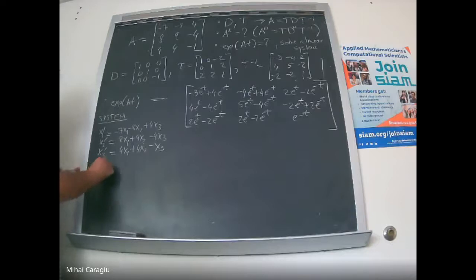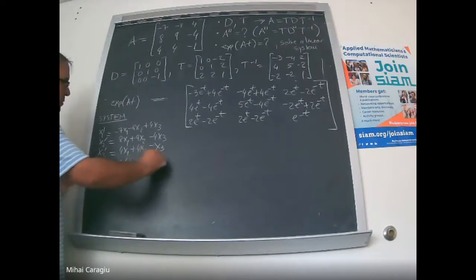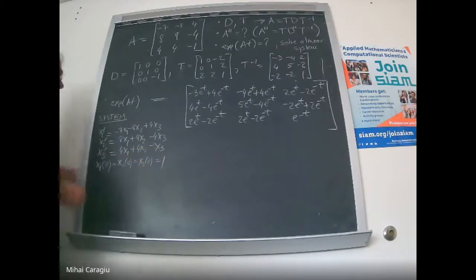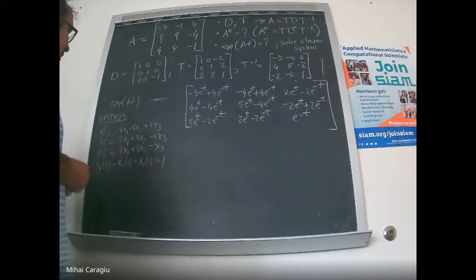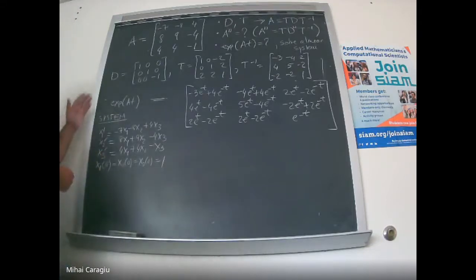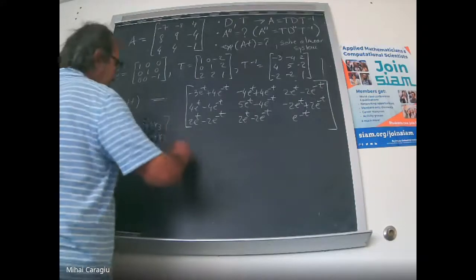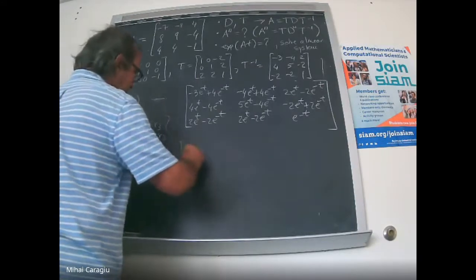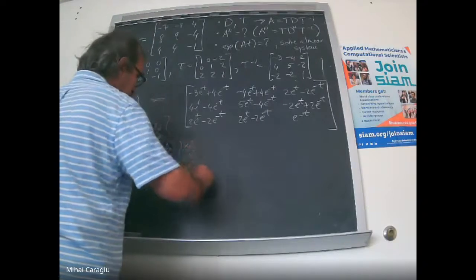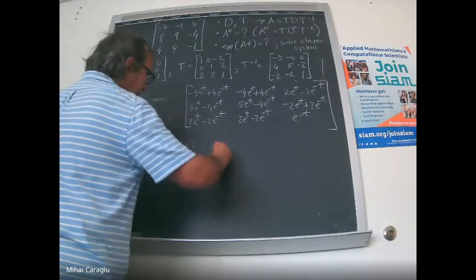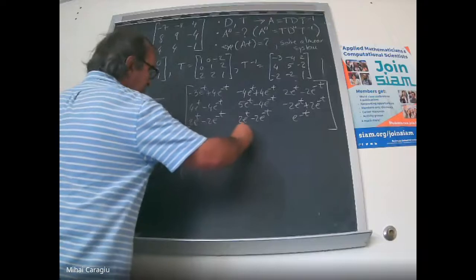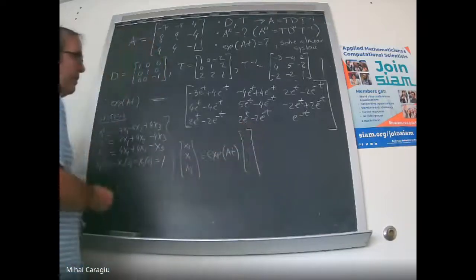We don't have it very much. x1 of 0 equals x2 of 0 equals x3 of 0 equals 1. Okay, so as we discussed in class, if we calculate the exponential of the matrix A times t, the solution of such a linear system x1, x2, x3 is exponential of At multiplied by the vector of initial conditions.